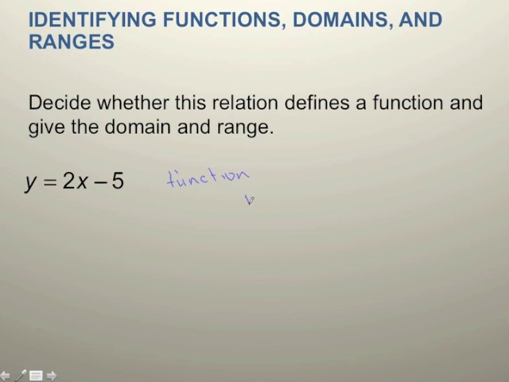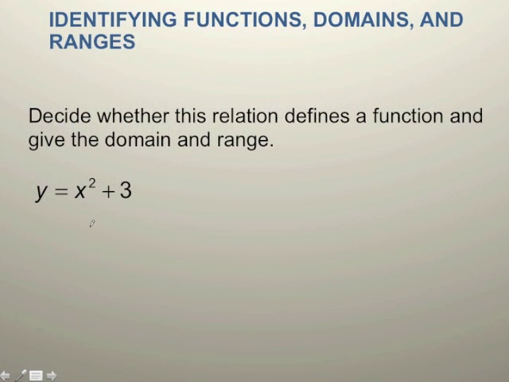And the domain would be all real numbers from negative infinity to infinity. The range would also be all real numbers from negative infinity to infinity. Now the next one: if we think about putting some values in, if I put in plus or minus 3, those two different x values would give me the same y value: 9 plus 3 would be 12.